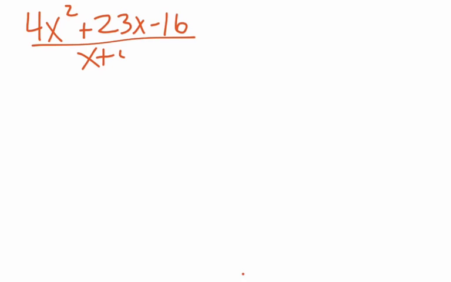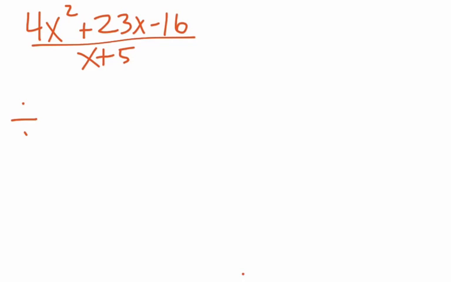So the first and only example is 4x squared plus 23x minus 16, and we're going to divide that by x plus 5. And you could see it written like that.